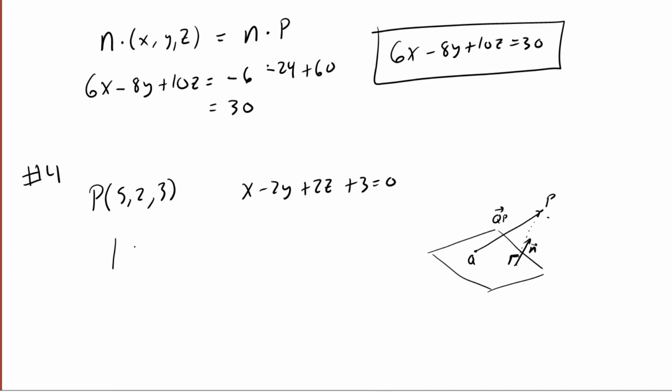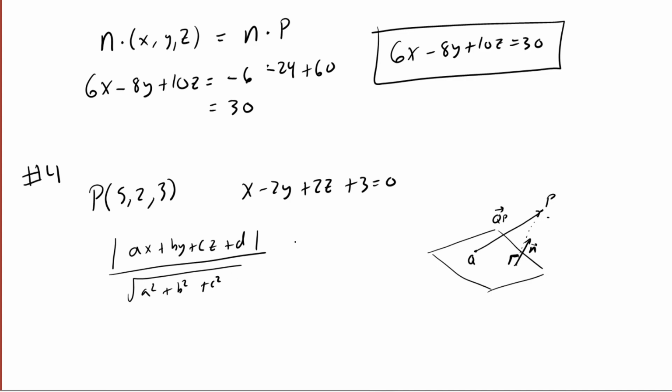All right, so this is going to be n dot p. Actually, let me write the full formula. So I'm going to have ax plus by plus cz plus d over the square root of a squared plus b squared plus c squared.